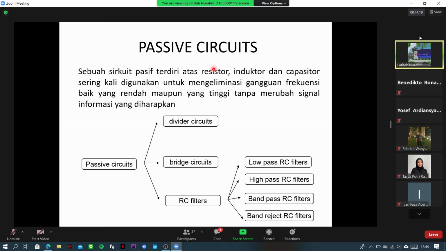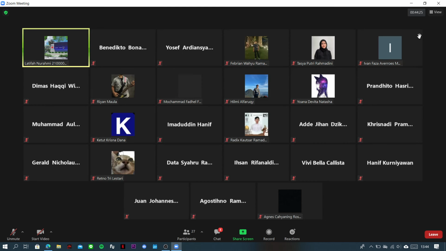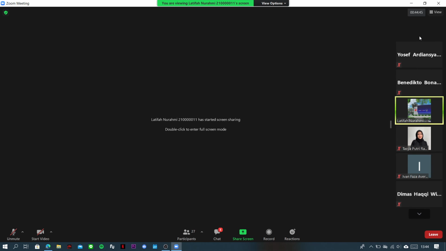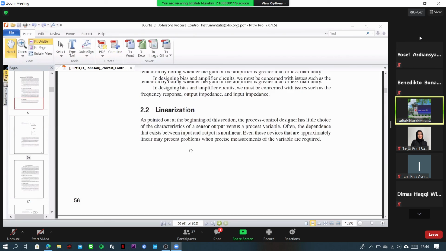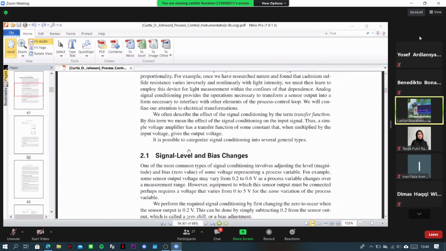We'll continue with the passive circuits in the next meeting on Monday. But I want to show you, you can find the information that I have just given you in the book. This is the book that we are using during this course.